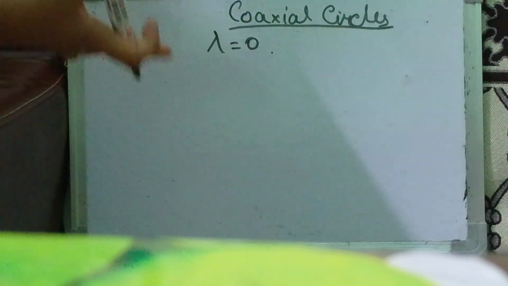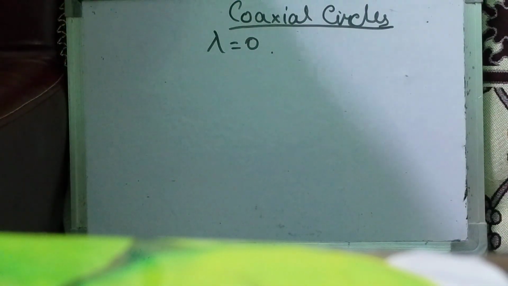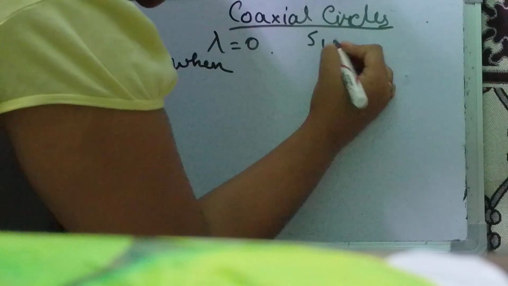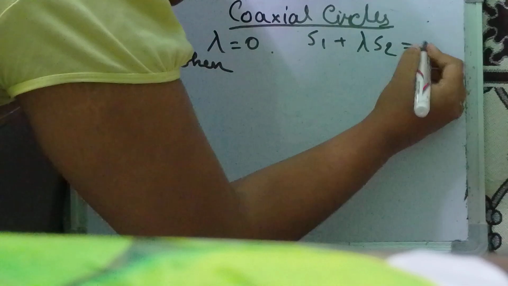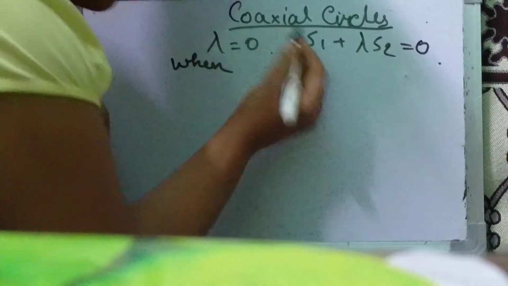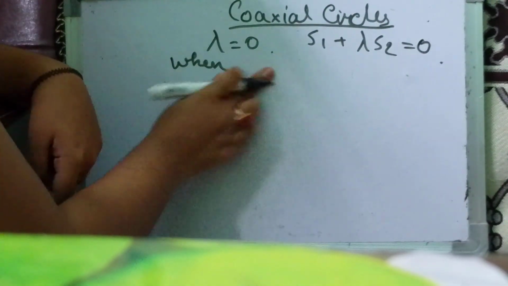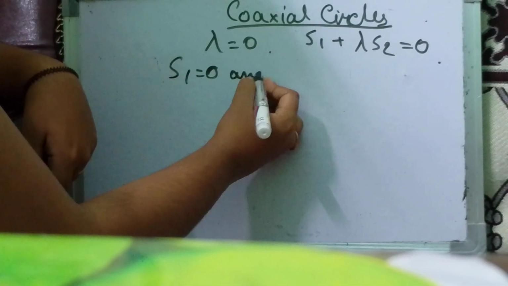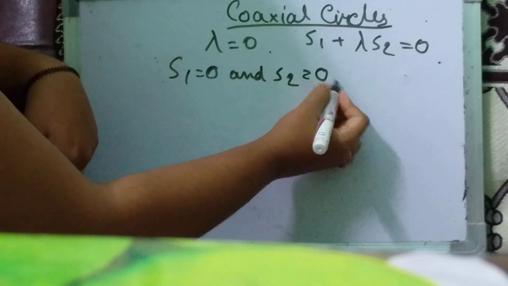I am telling you why this is 0. Because when the equation is S1 plus lambda S2 equals 0, in coaxial circles S1 equals 0 and S2 is also equal to 0.